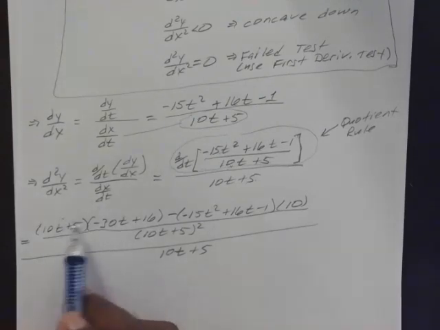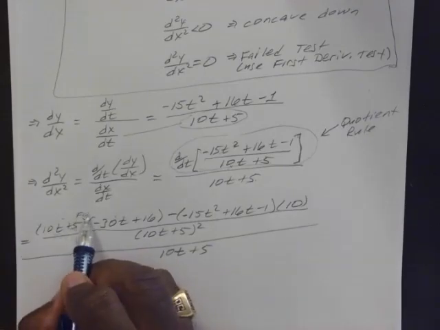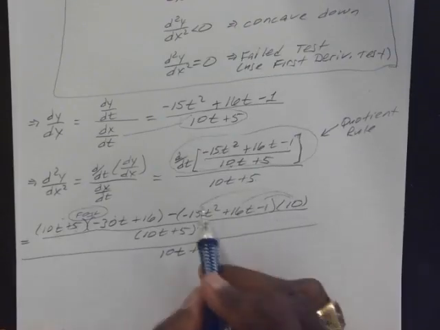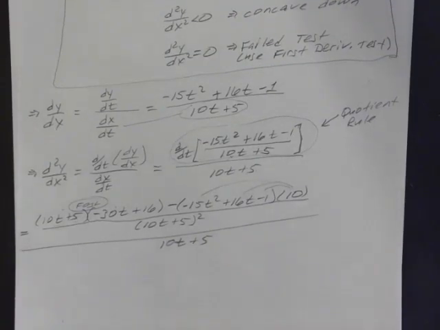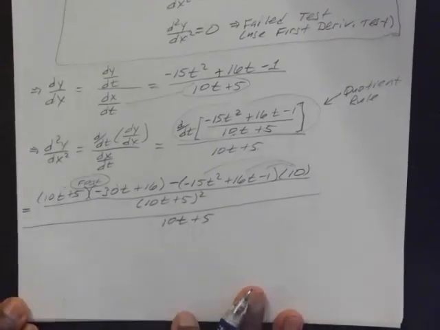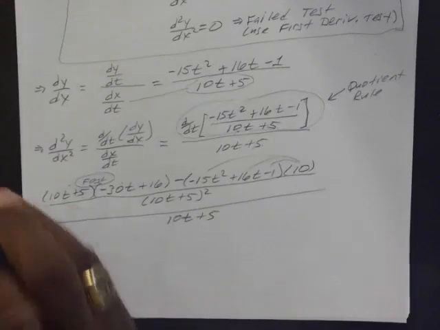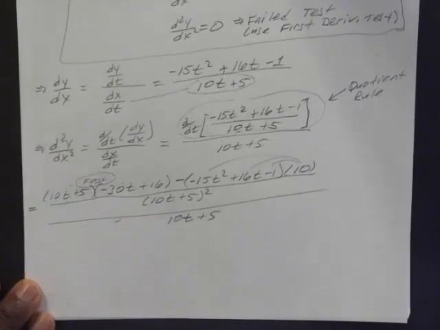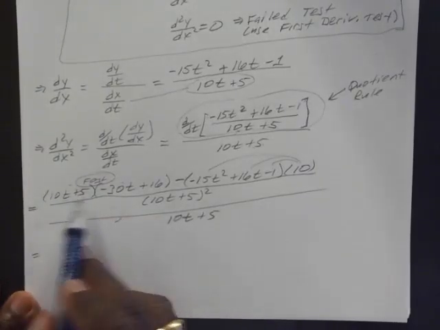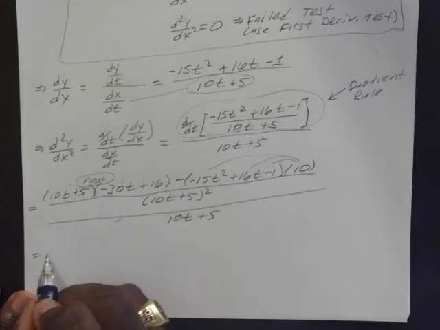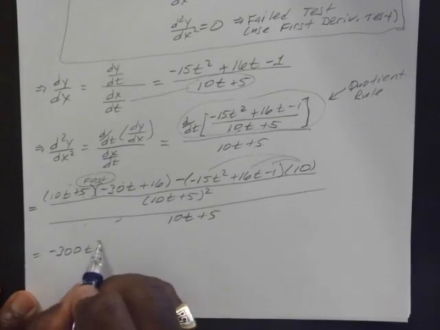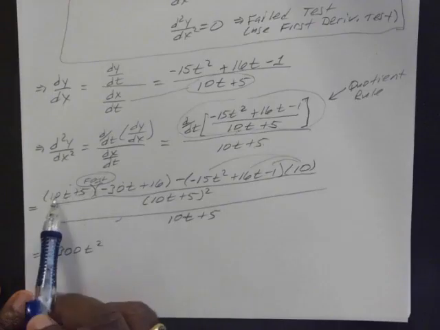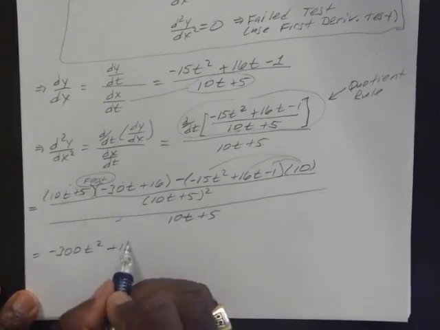Okay, so to multiply these two, we can just go ahead and do the FOIL method. And for this one, we can just distribute that 10. Okay, so our first will give us negative 300t squared, outer will give us 16 times 10t, which is 160t.